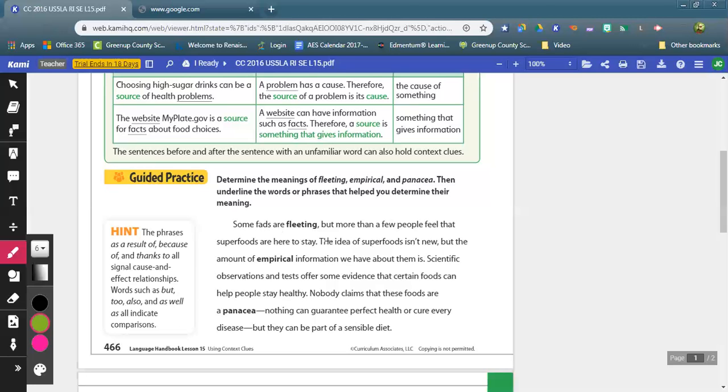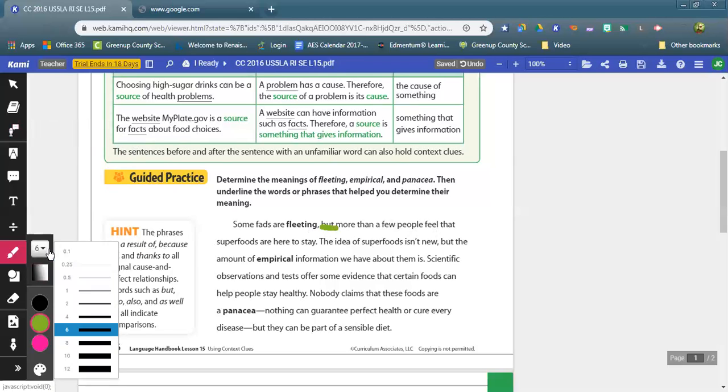In the first sentence here, some fads are fleeting, but, that's one of our hint words, more than a few people feel that superfoods are here to stay. So we've got the clue word here, but. More than a few people feel that superfoods are here to stay.